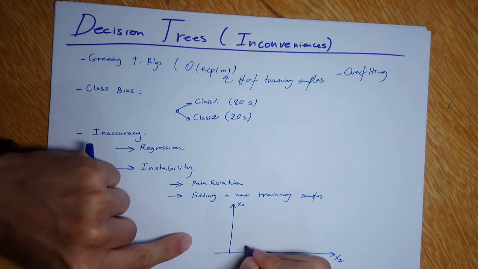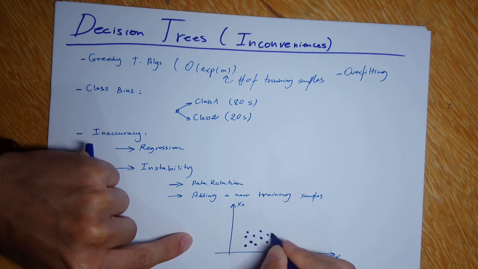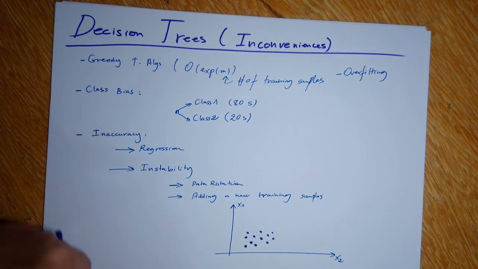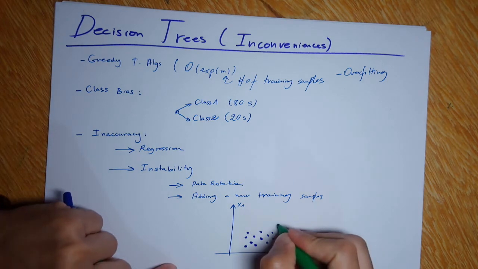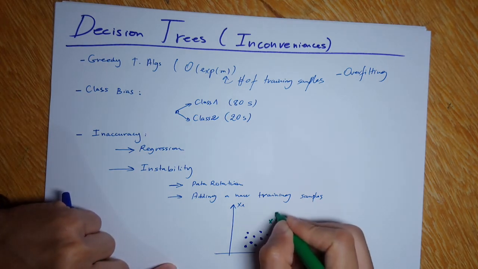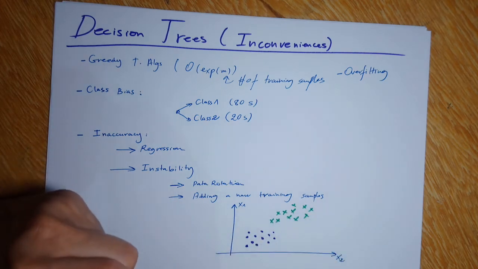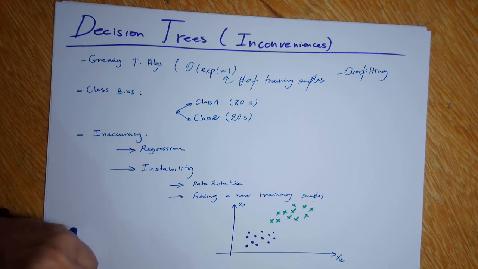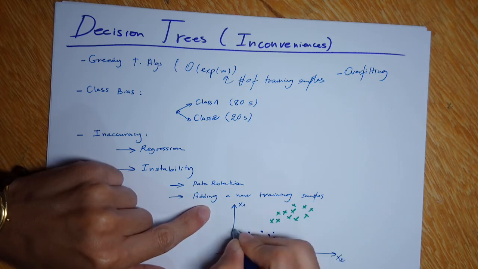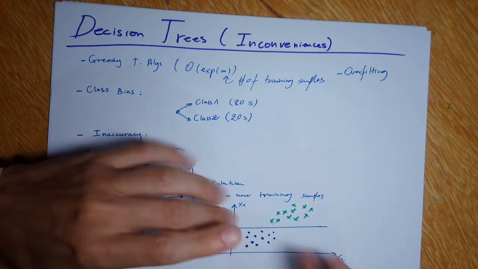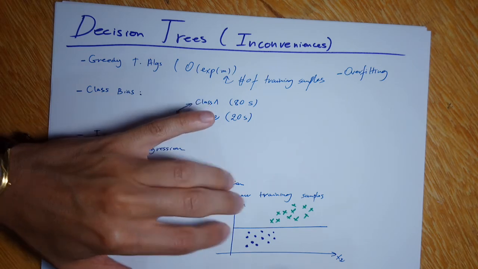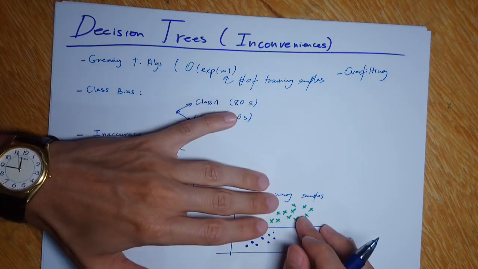This is the first class, and say that this is the second class with the green color. In that case, if I train a decision tree model, obviously what I would get is just a horizontal boundary here, and that would separate my data perfectly. This is the first class, and this is the second class, the green class.